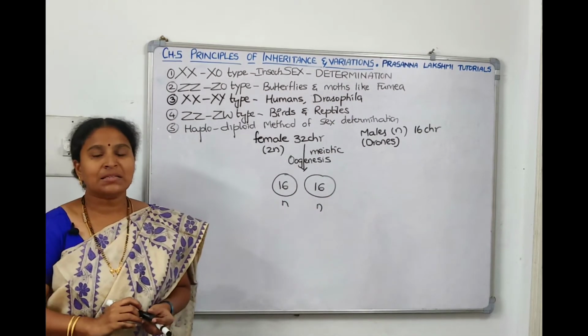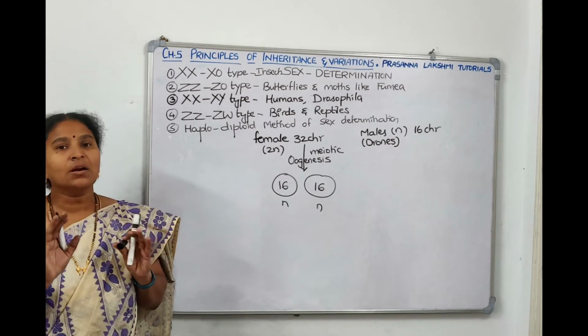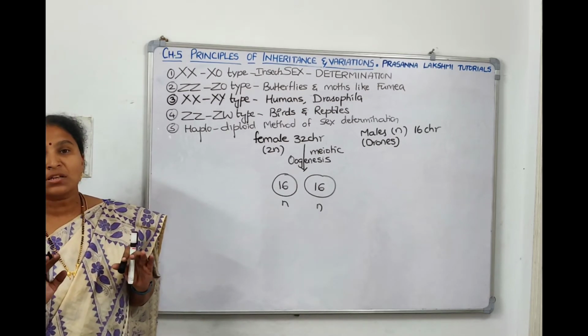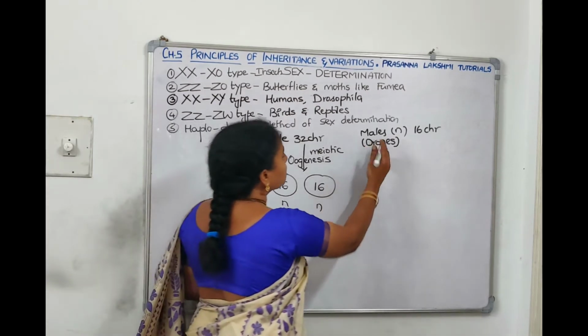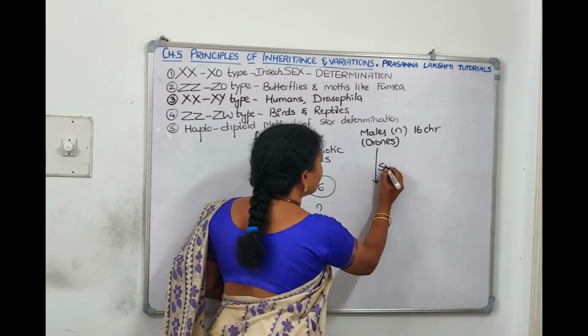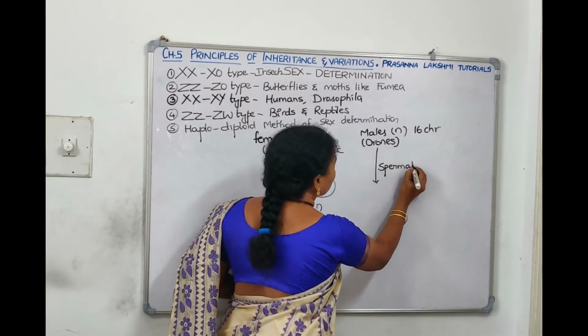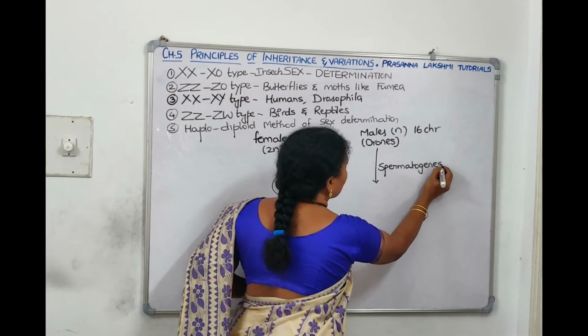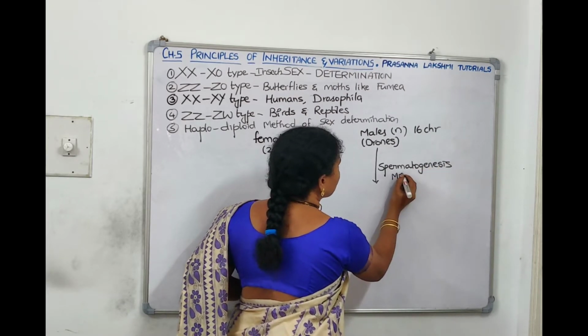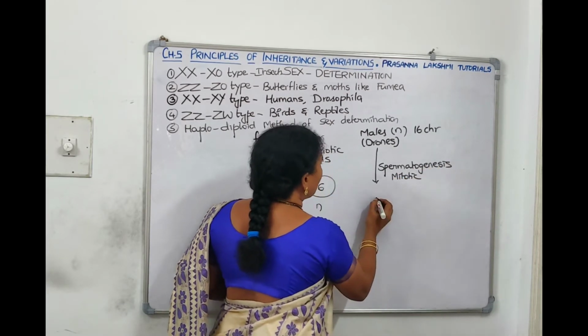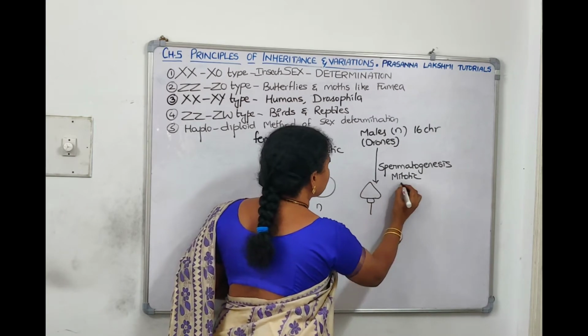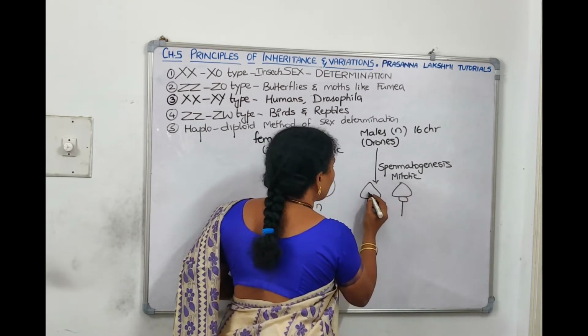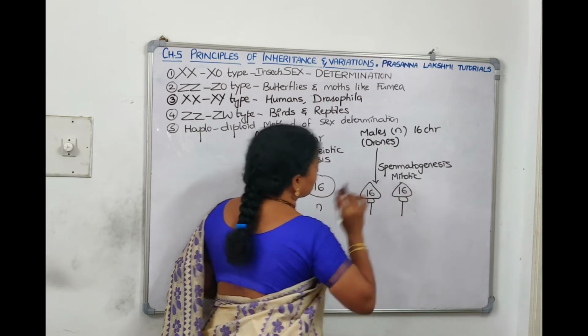But since males are haploid only, they cannot undergo meiosis. During spermatogenesis, they cannot do meiotic or reduction division; they do mitotic division and make sperms which have 16 chromosomes.